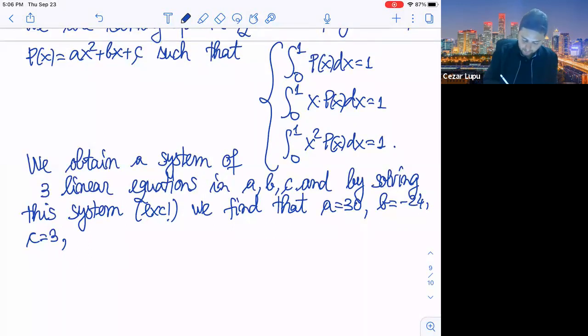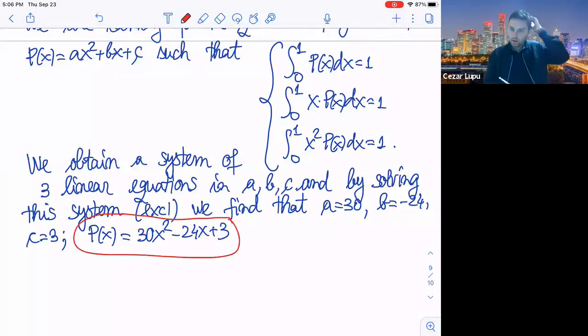So the polynomial P of x is 30x squared minus 24x plus 3. So this is the optimal quadratic polynomial that we're looking for, that verifies these 3 conditions in the system.